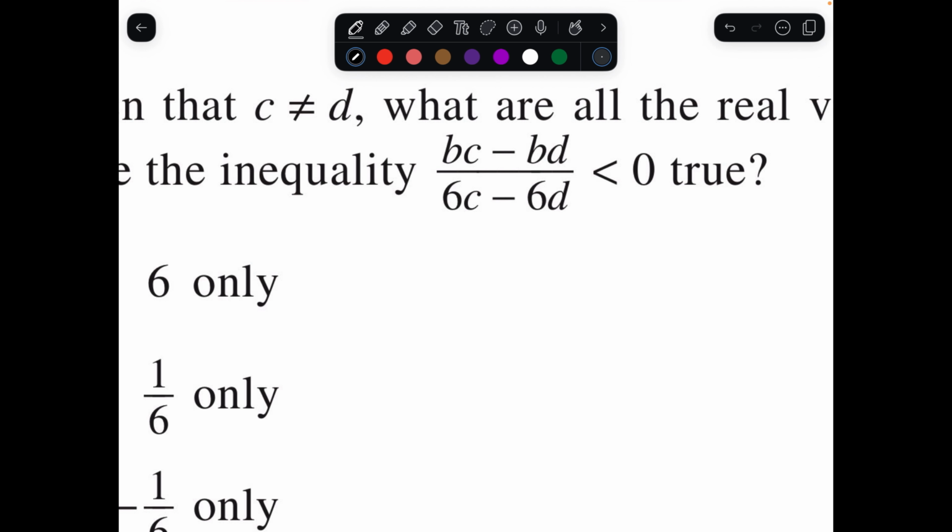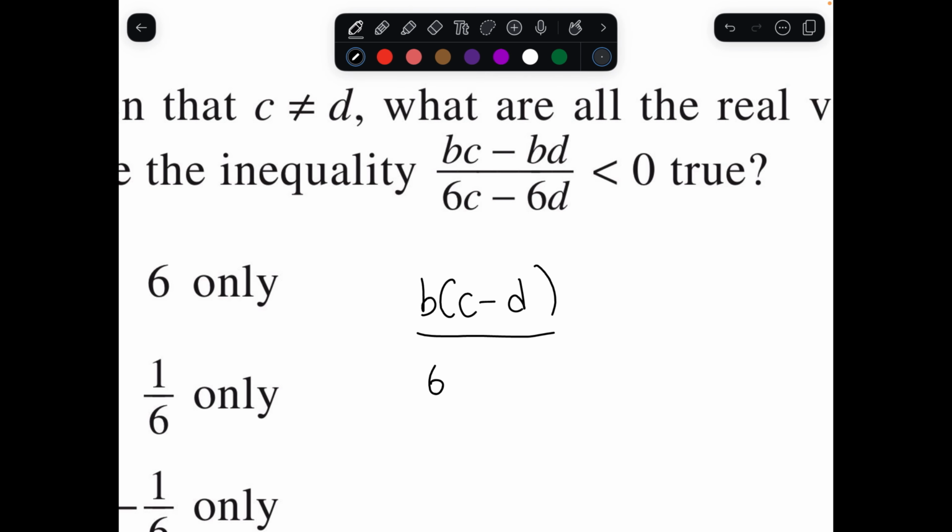So if you look closely here, you can see that in the numerator, B is common, and in the denominator, 6 is common, right? 6C minus 6D and BC minus BD. So let's factor out B from the numerator.